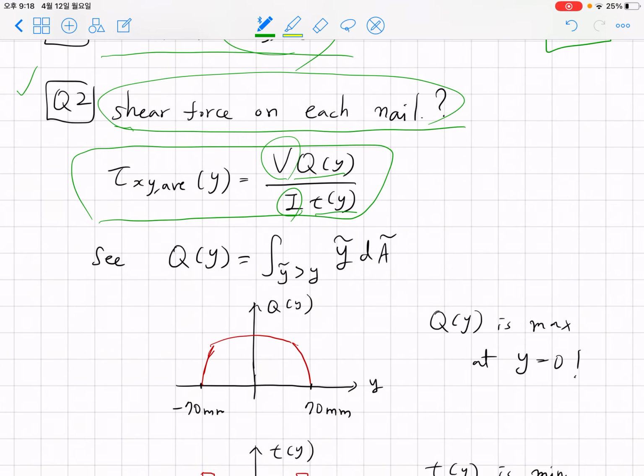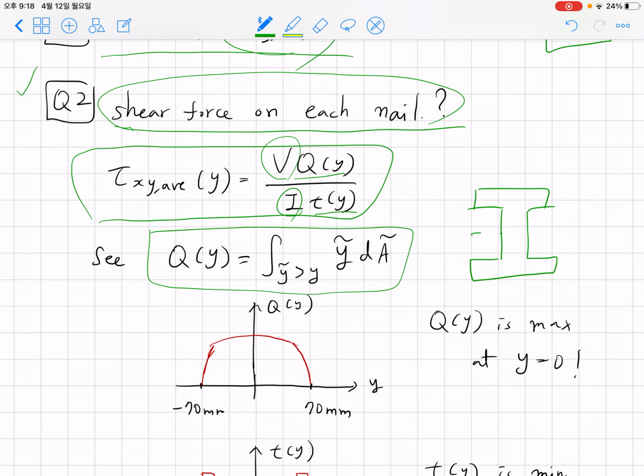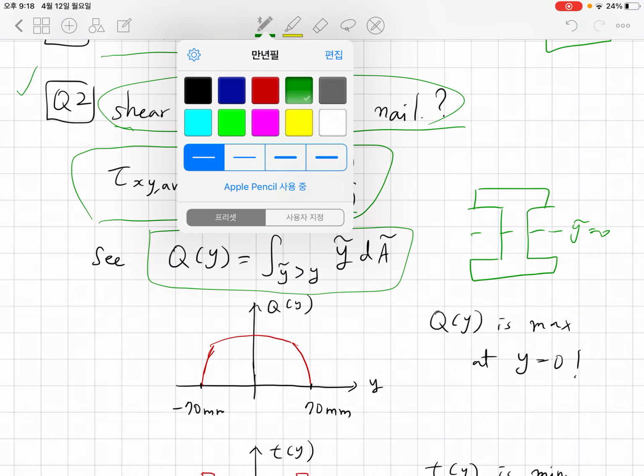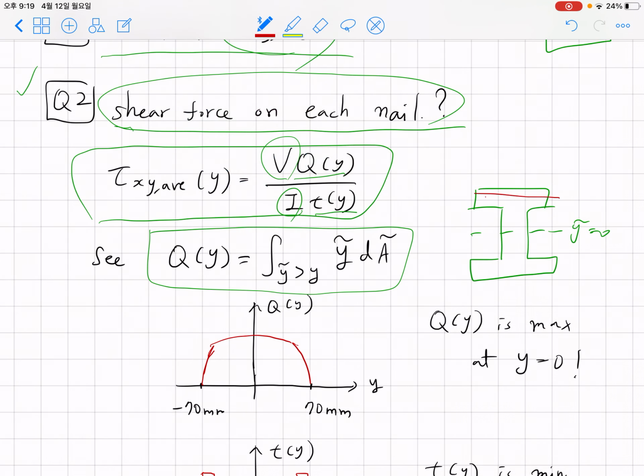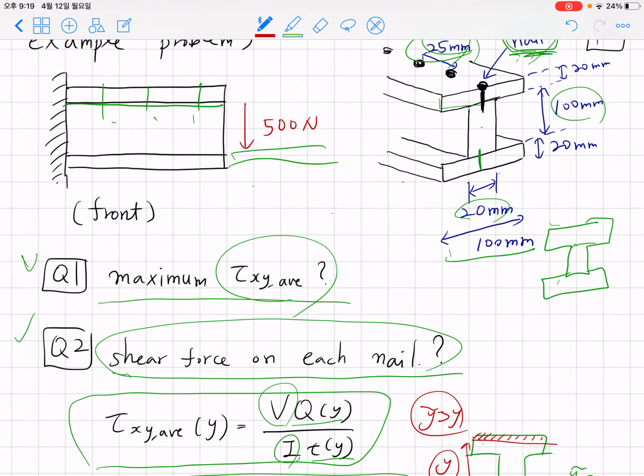When you consider the Qy integral, let's look at this. When you have this cross section, and this is the y equals 0 position, suppose y is quite far from the center, you have to do this integral Qy. You have to take this area, and it is a very small area, right? When y is close to 70 millimeter, the total height is 140 millimeter, because 100 plus 20 plus 20, right?